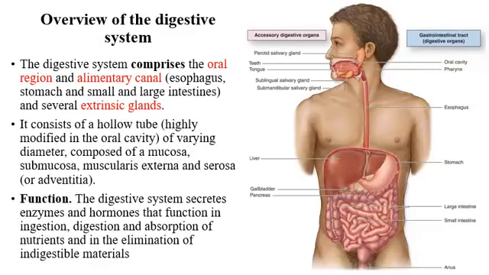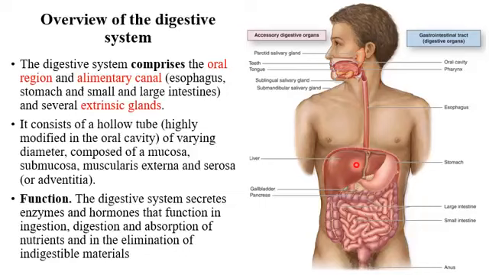The digestive system consists of the alimentary canal, which starts at the oral cavity, going through the esophagus, stomach, small and large intestine, and down to the anal canal. The structures in this system secrete enzymes and hormones.